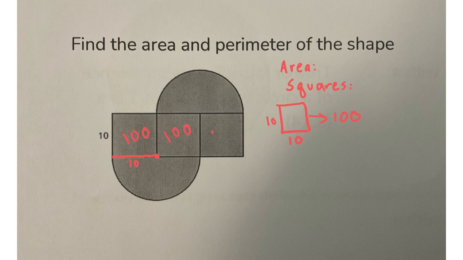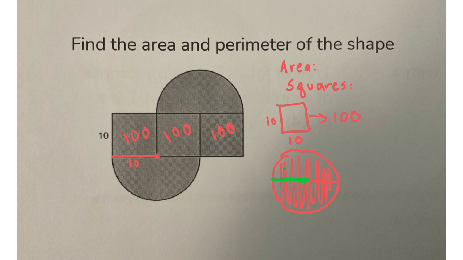Each of those squares has an area of 100. Now we have the area of the circles. If I push those circles together, you'll see they form one giant circle. Well, they're half circles, so that's why.